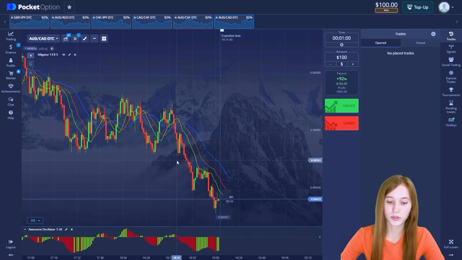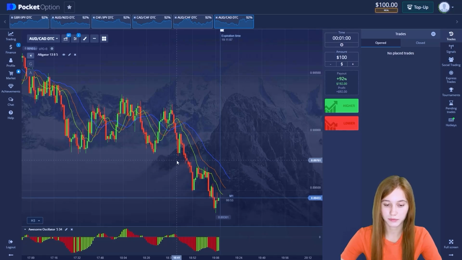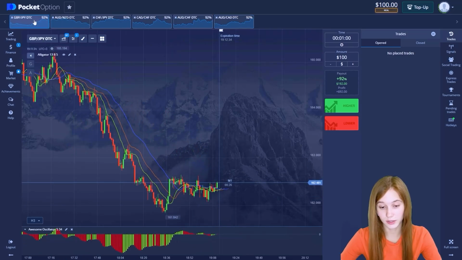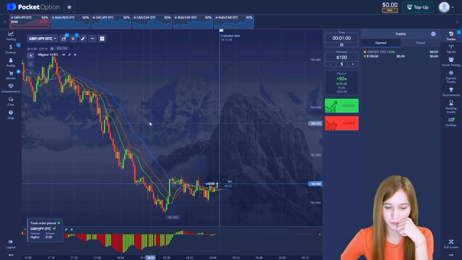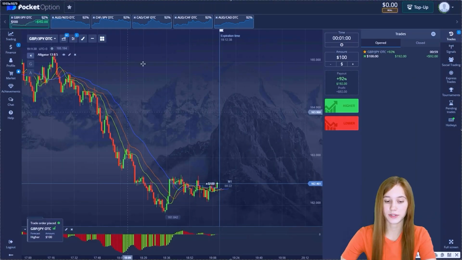And we move on to the first currency pair. Here we are. Let's open it up and start our technical analysis. So what we see here, the first thing we are seeing is some consolidation. In this range, it's quite difficult to determine the trend.